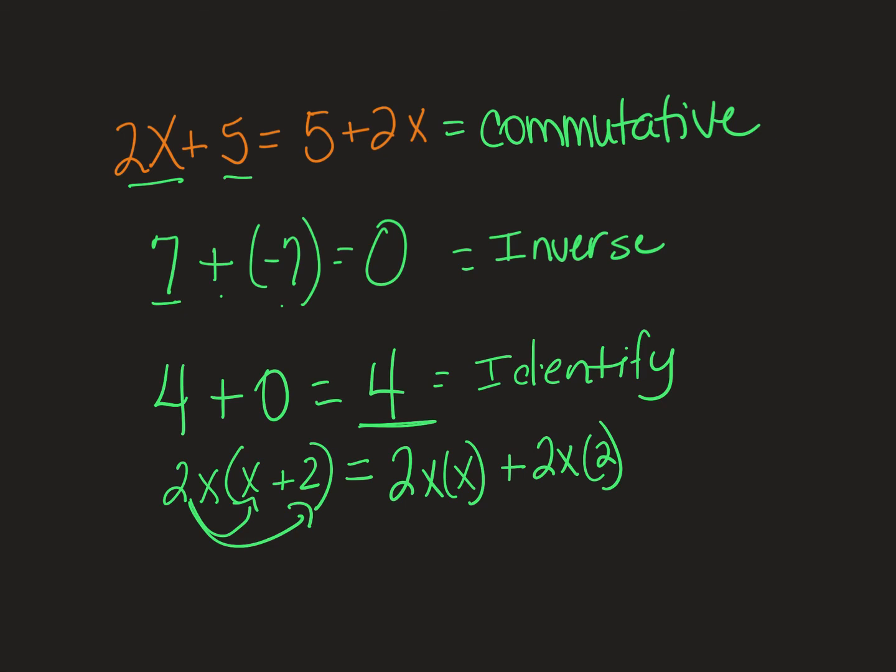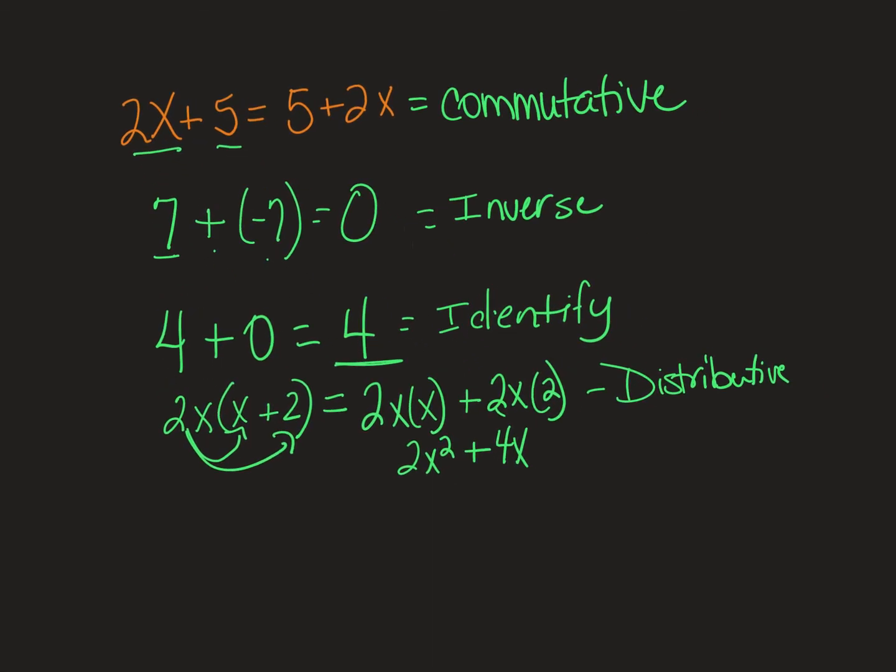And that's basically what you're doing when you're doing the distributive property, but let me go ahead and simplify that for you. Okay, so 2x times x is 2x squared, plus 2x times 2 is 4x, and that would be your final answer there for the distributive property.